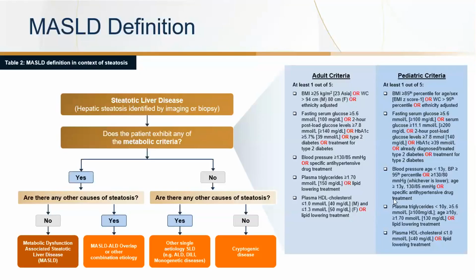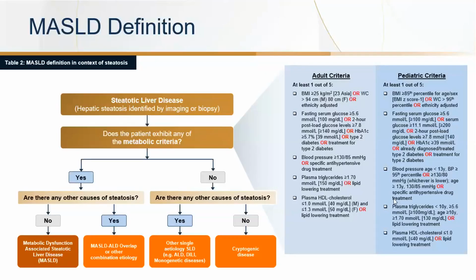So let me go back to our flow chart. If they do have at least one of those criteria, you're going to go to the left and say yes. From there, do they have any other causes of steatosis? Do they drink alcohol? You can break that down into, is it just metabolic criteria, or do you feel like they would fit into that MASLD overlap?